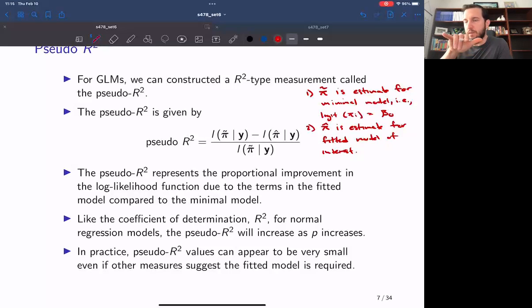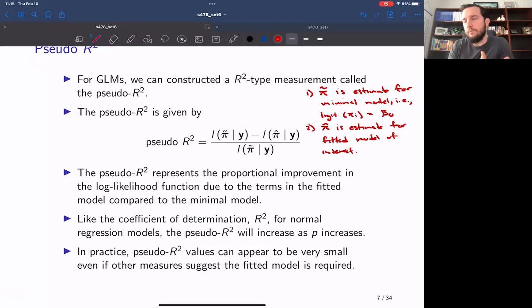So it's taking a difference between these two likelihoods, and then it's standardizing it by the log likelihood for the minimal model, which should be greater than the log likelihood for the fitted model. I think in every situation it will be.